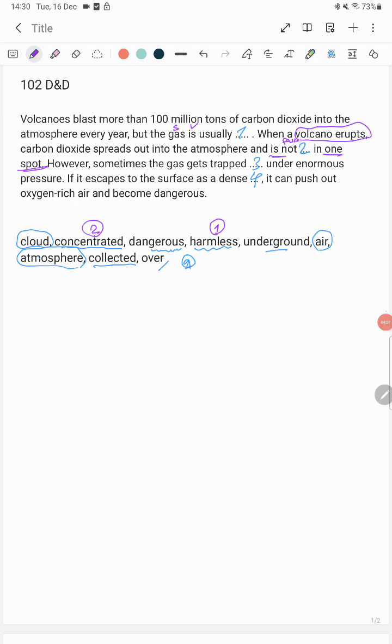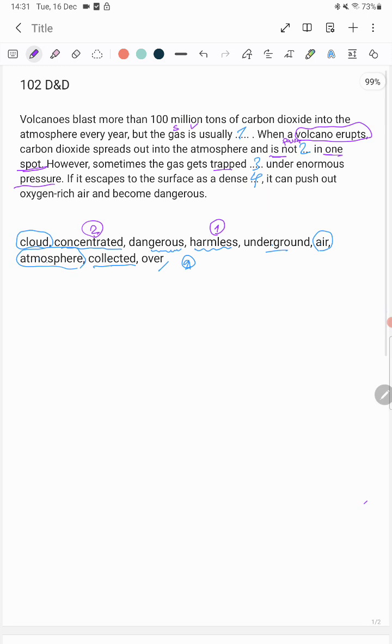It's a passive test here. We need the verb, past participle, and gas gets trapped. Gas gets trapped under enormous pressure. Underground is right, the gas can be trapped underground, not over something, because over something isn't possible for pressure or trapped.